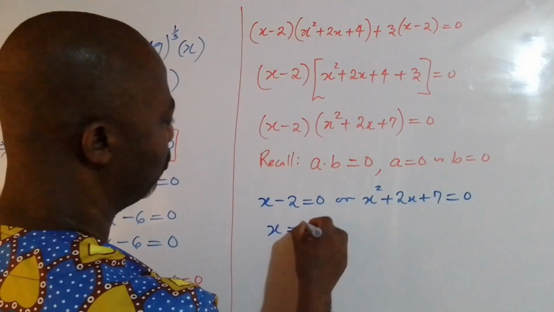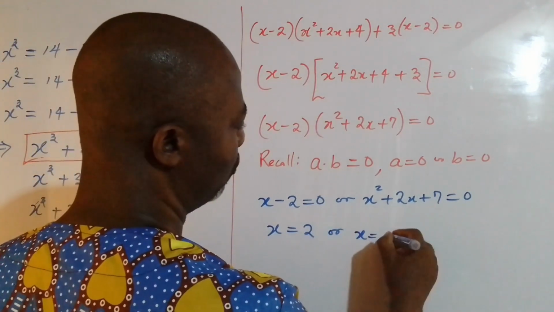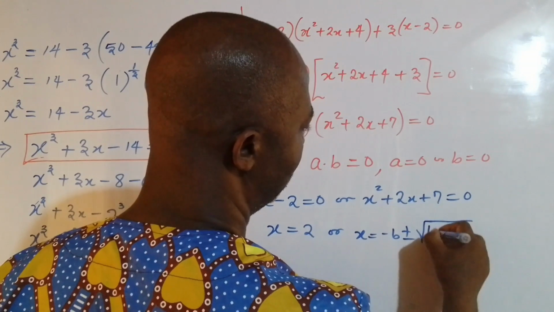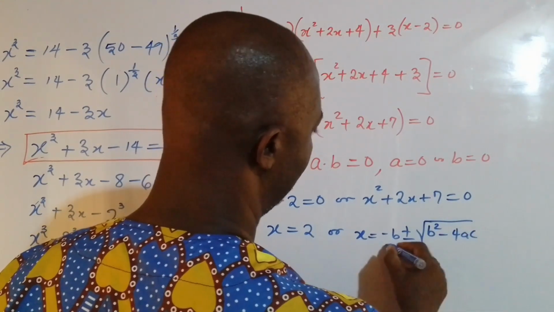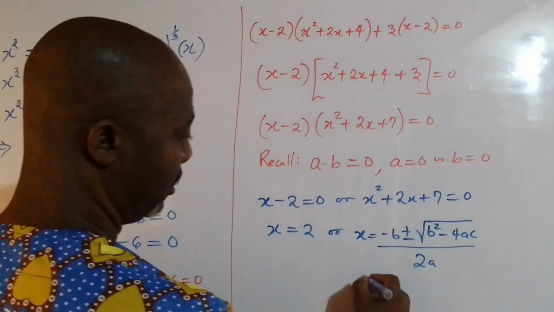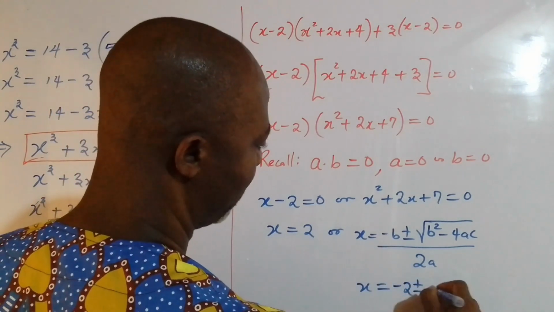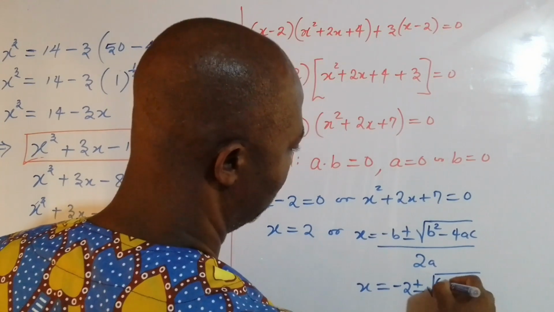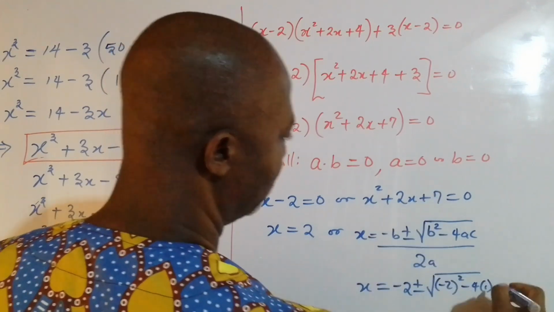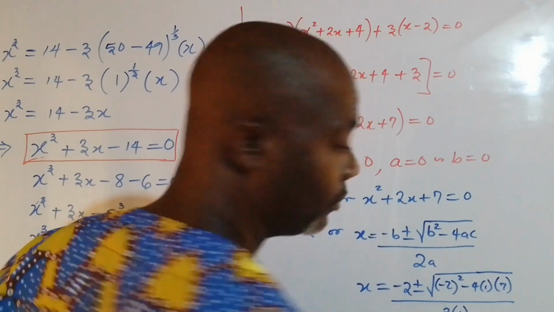So x will be equal to 2, or we solve this, x will be equal to minus b plus or minus square root of b squared minus 4ac all over 2a. So x will give us minus 2 plus or minus square root of 2 squared minus 4 times 1 times 7, all over 2 multiplied by 1.